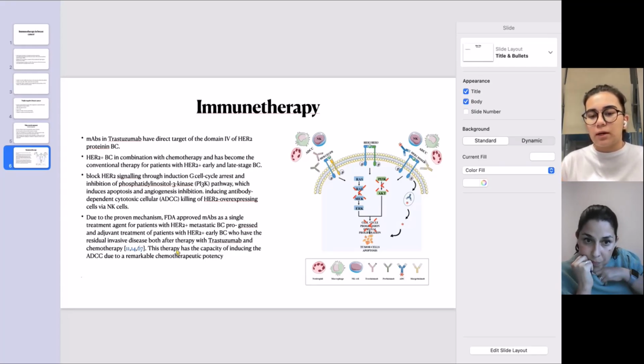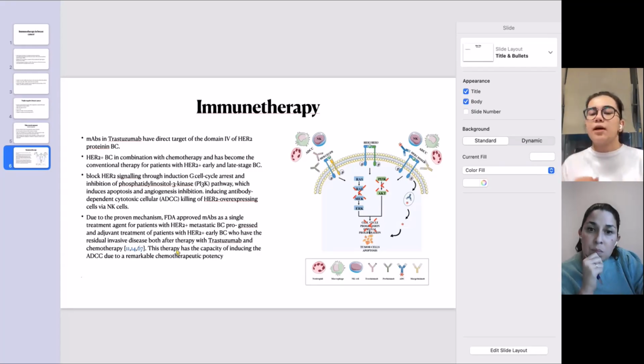That will remove some antigens so that the immune cells will not be able to find those antigens, and the tumor will just continuously proliferate. That is one way of avoiding immune therapy.